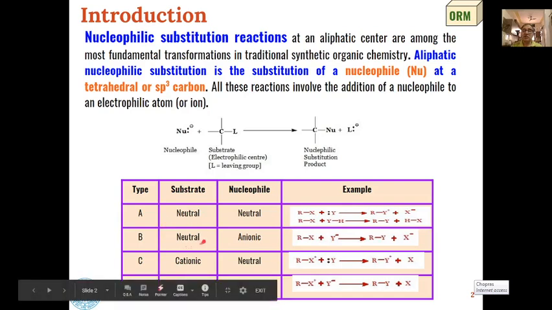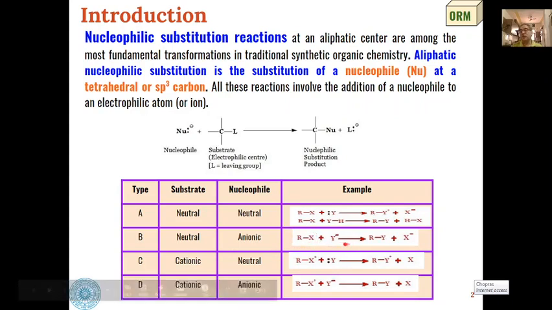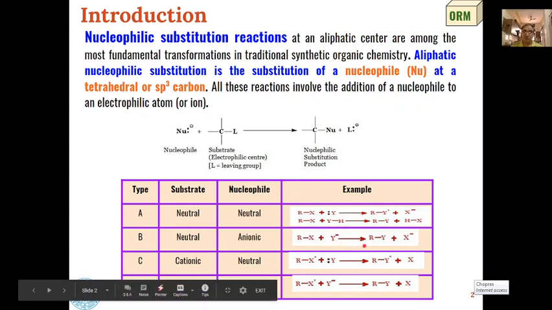Then the second category is that the substrate is neutral and the nucleophile is anionic. So a negatively charged nucleophile and a neutral substrate will act as the reactants for nucleophilic substitution reaction.